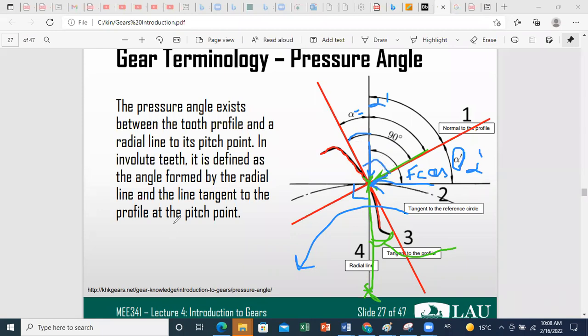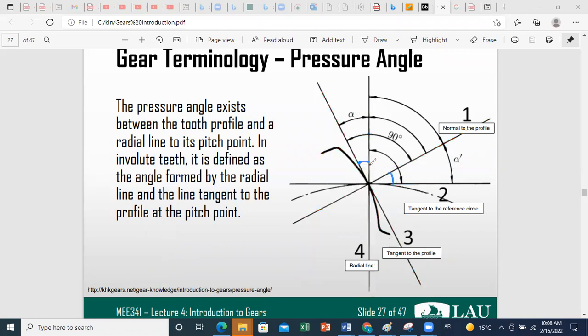And you know that if we have two lines making an angle alpha between them, and we draw the perpendicular to the first and the perpendicular to the second, the angle between the two new lines will be the same. This is why this angle here is equal to this one, because these two lines are perpendicular, and the two other lines are also perpendicular. So this angle will be equal to this one.